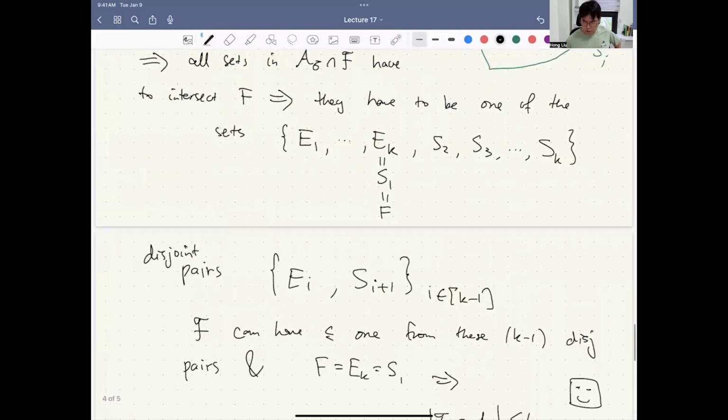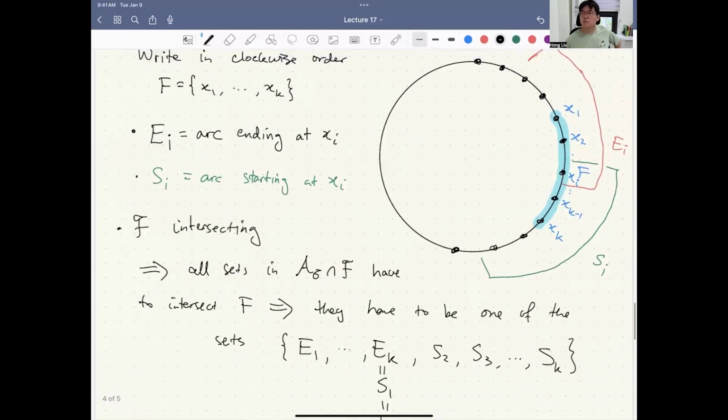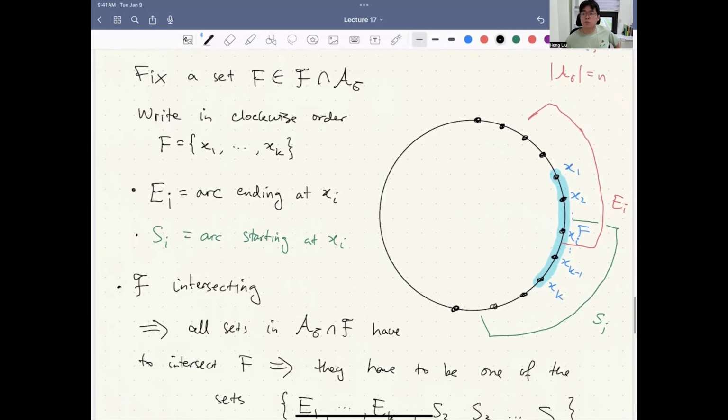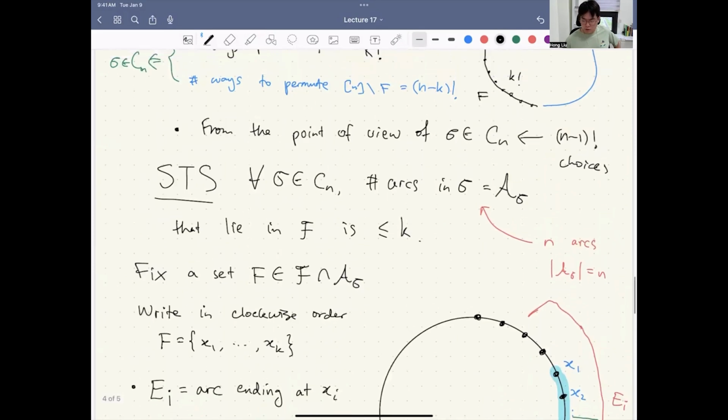Okay, there is a question. Tier 1 is asking, what if for sigma, none of the consecutive K elements is F of the intersecting family? Oh, it's possible.